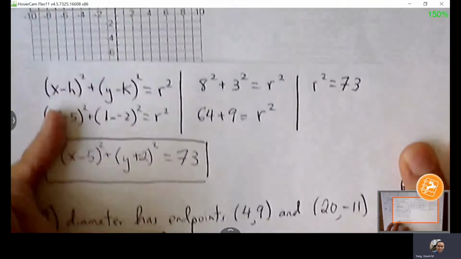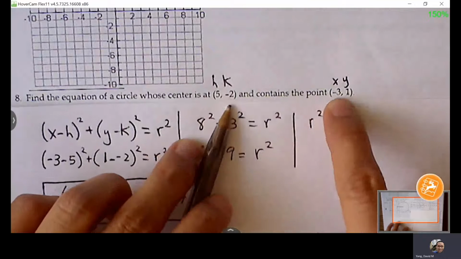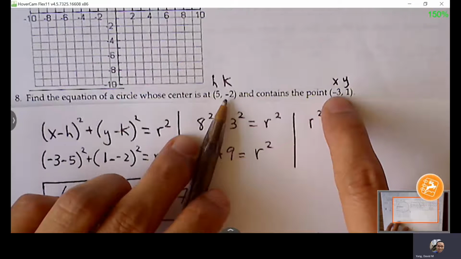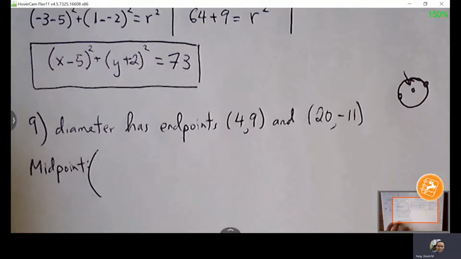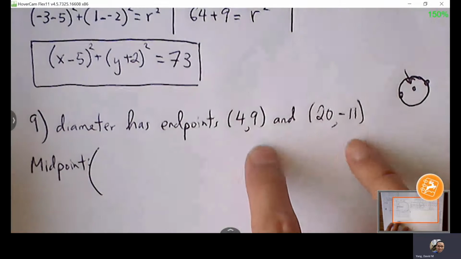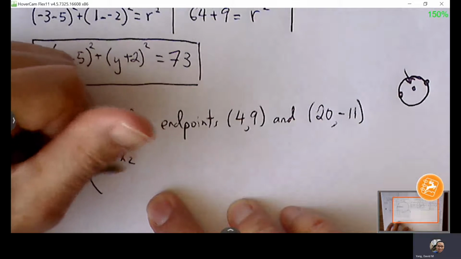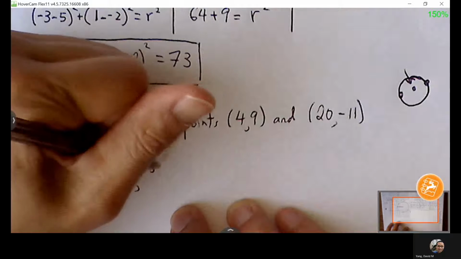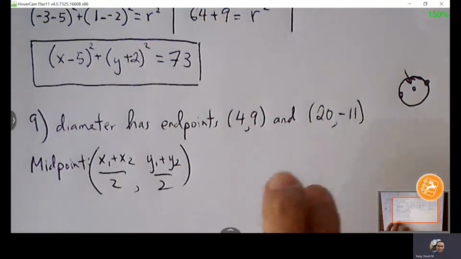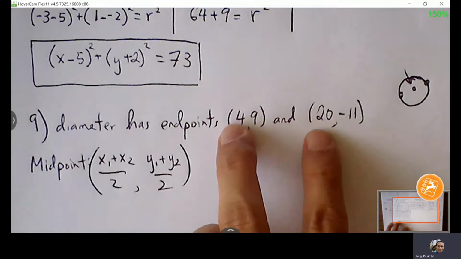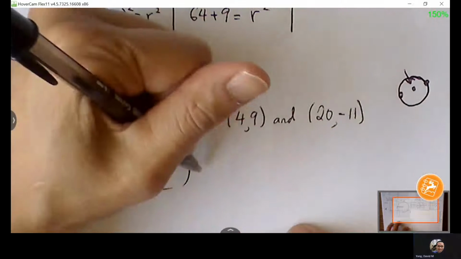And then once you get to the center, it's going to feel like number 8, right? Then we can just use any point to help us get to the radius, and then the same steps. But number 9 has an additional step. We got to get to the center because we're not given that directly. So midpoint just means find the average of the x's, find the average of the y's, and that's your midpoint.